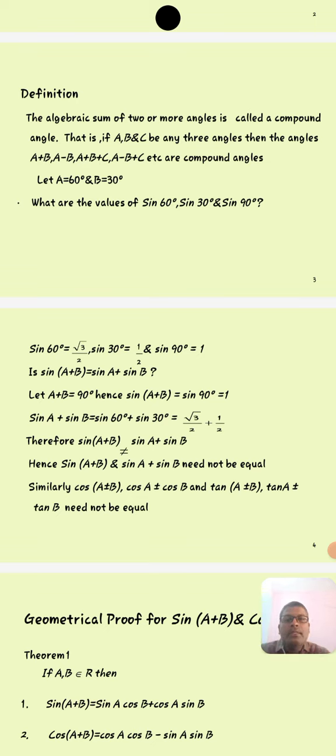So sin 60 plus sin 30 is not equal to sin 90 value. So sin of A plus B is not equal to sin A plus sin B.